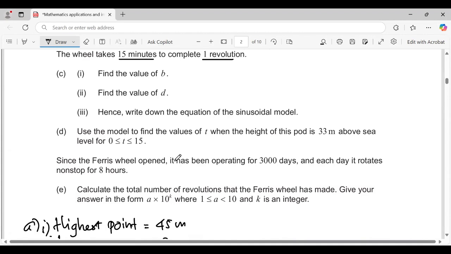Use the model to find the values of t when the height of the pot is 33 meters. So how about if H(t) equals 33 above sea level, for t in the interval 0 to 15, right?